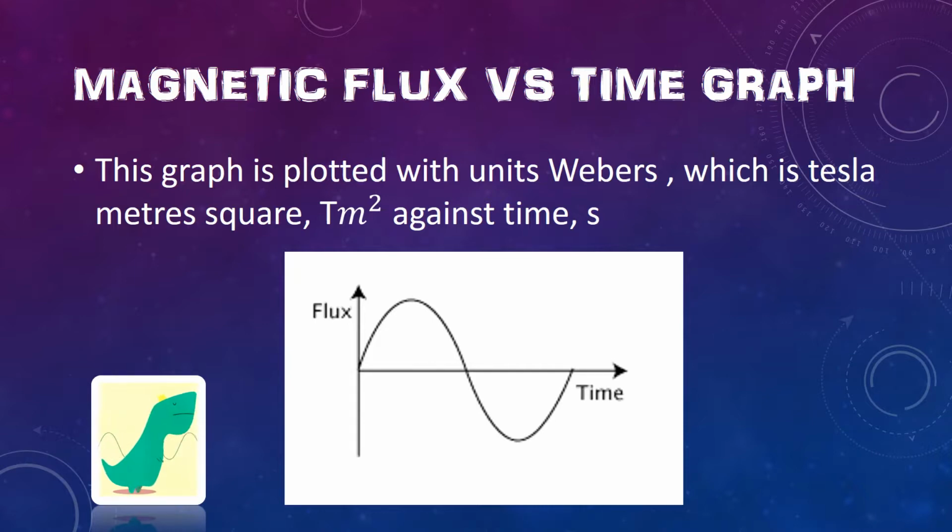The graph is plotted with units Webers, which is Tesla meter squared, against time in seconds. Everything I explain here is based on the equation that induced current is directly proportional to the rate of change of Webers over the rate of change of time.